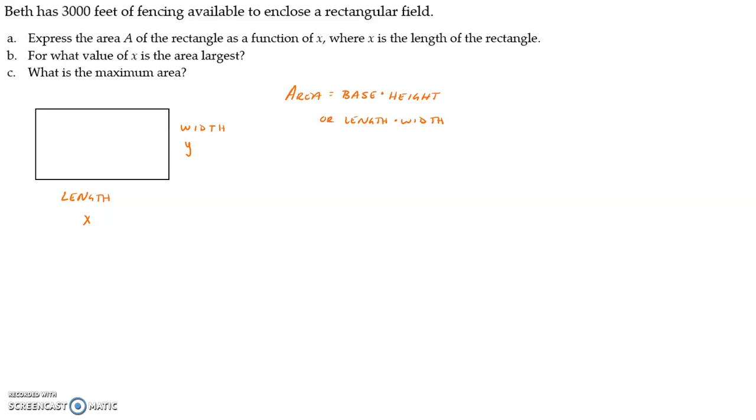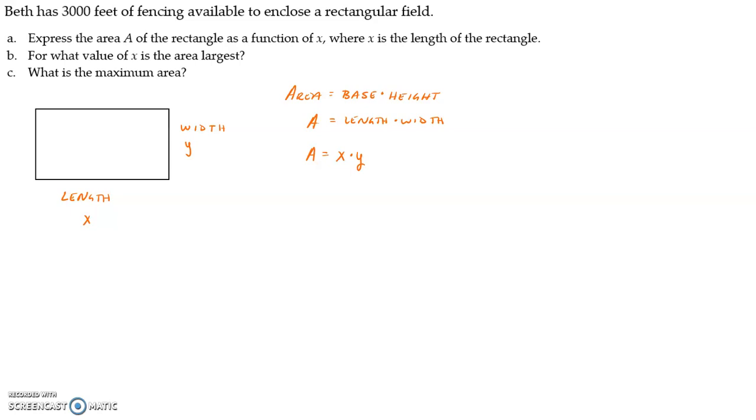So I'm going to talk about it in terms of area equals length times width. And let's go ahead and substitute our variables in here. That means our formula for this area of the rectangle is going to be x times y.